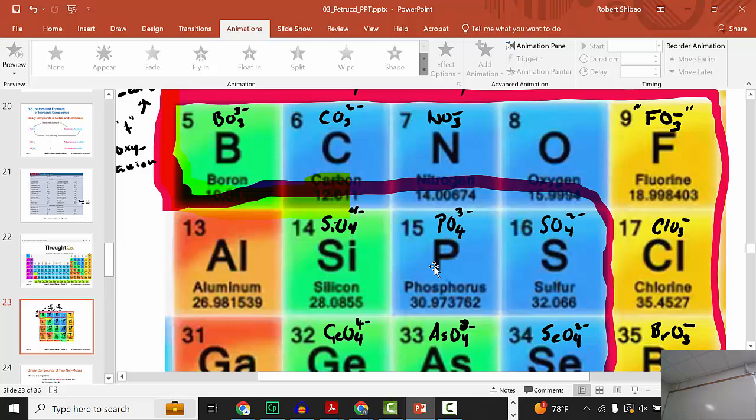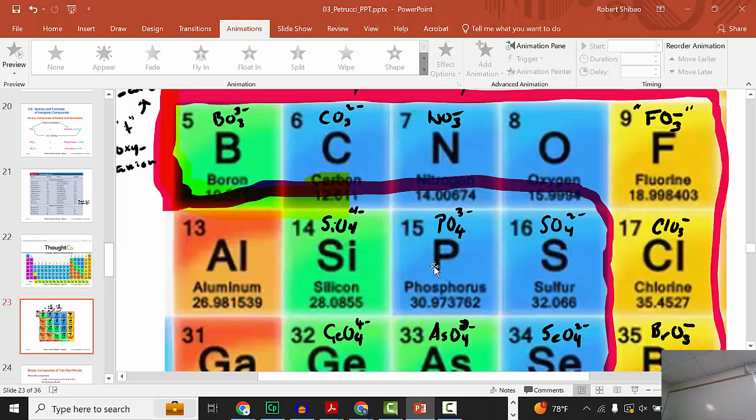So phosphate is maxed out, correct? Maxed out. If we go to sulfate, this is -2 times 4 is -8 plus what gives us -2? +6. This is group 6, it's maxed out.